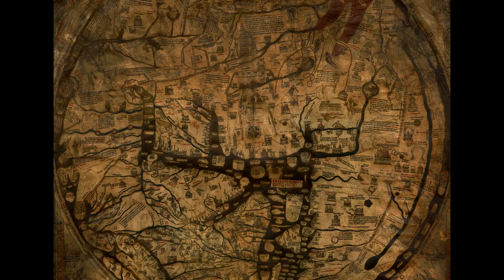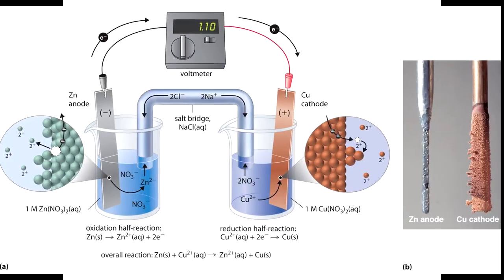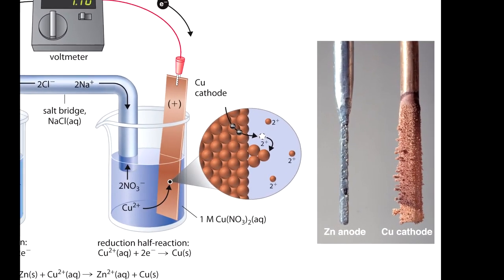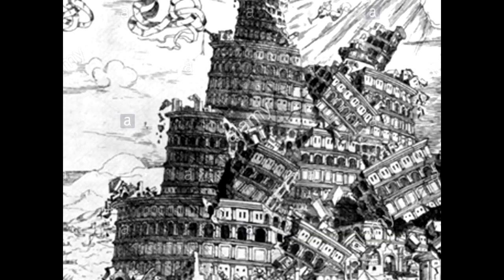Now let's suggest that Rome and Babylon are part of a gigantic voltaic cell. That would make of Rome the Ka, the copper, the positive, and of Babylon the Ba, the negative. Remember that the Ba, the negative, is losing matter. That would explain the collapse of the Tower of Babel.